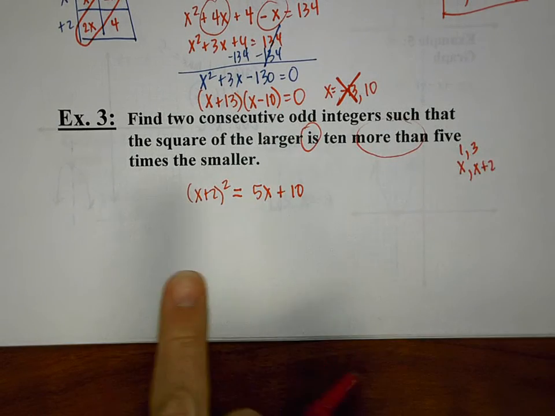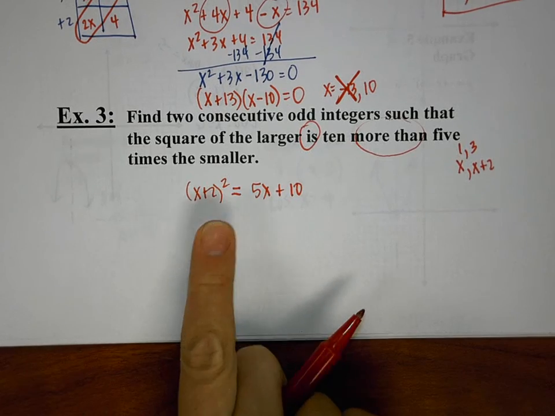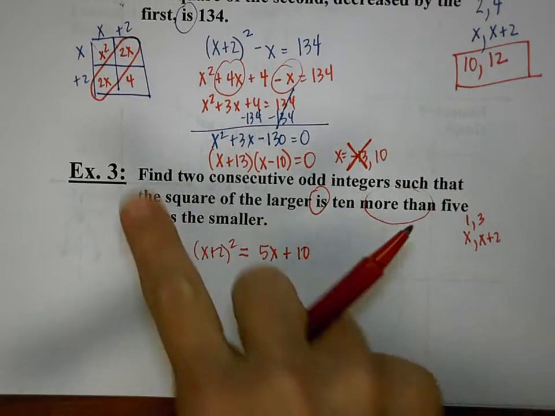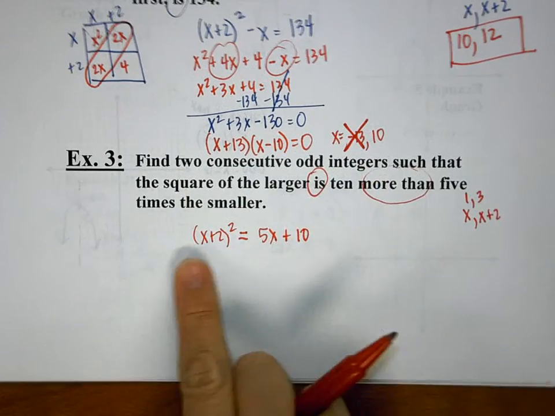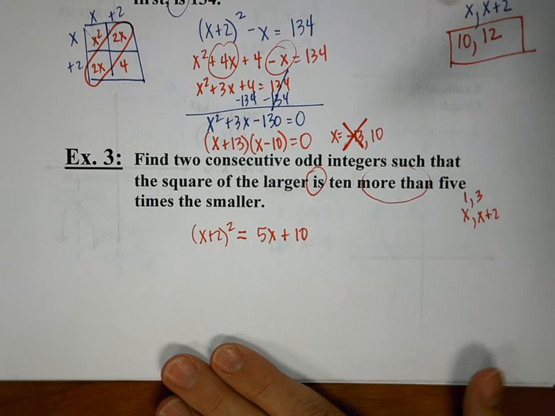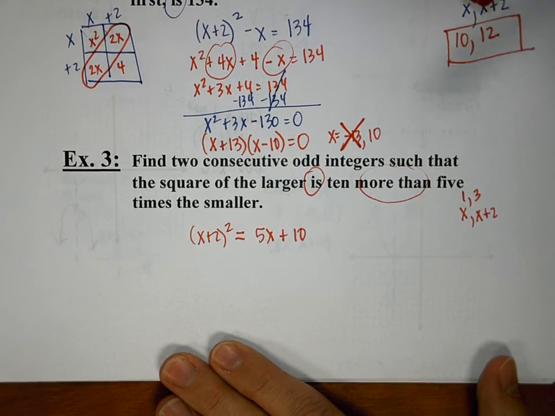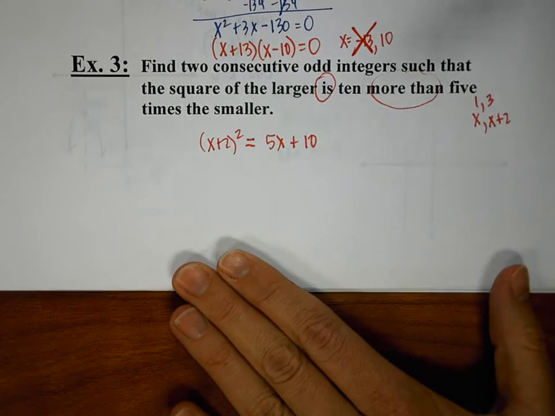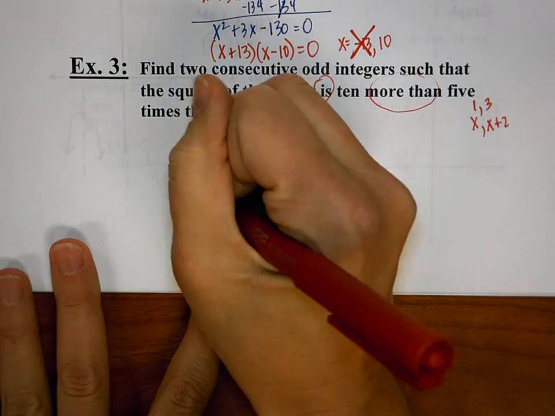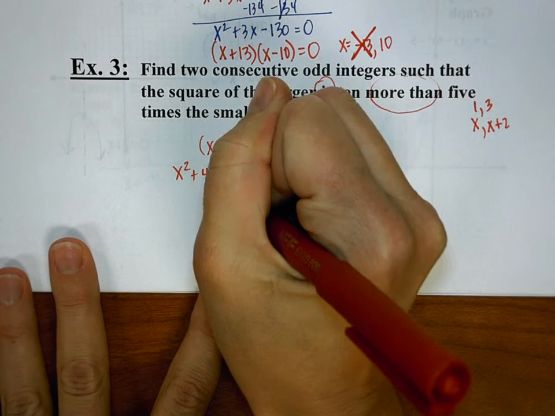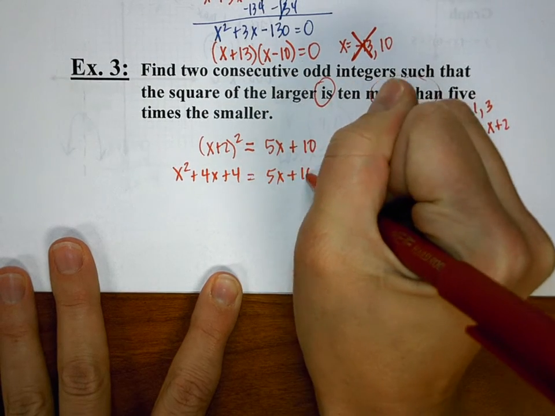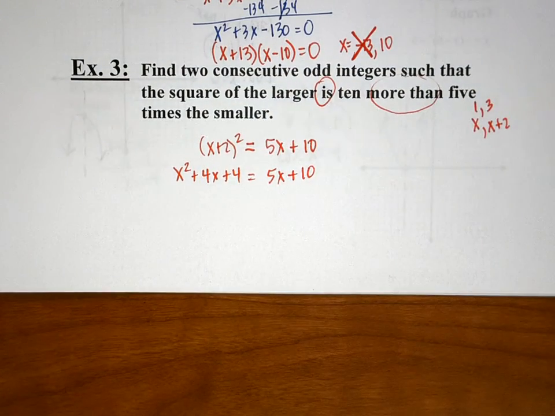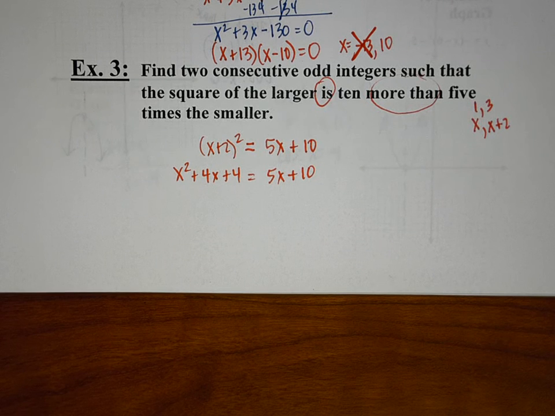And you would do your box on x plus 2 squared, but we already did it back here on example 2. So you don't need to redo all that if you don't want to, and you can just write what x plus 2 squared is from what you already did on example 2, which is x squared plus 4x plus 4. Okay. All right, finish that up and I'll come around and check some answers.